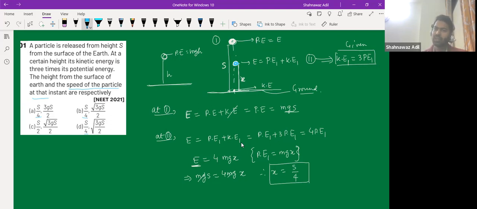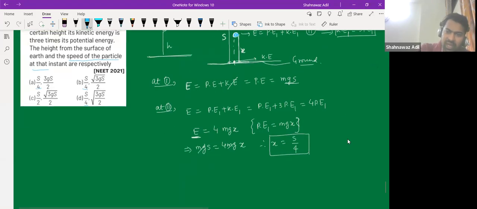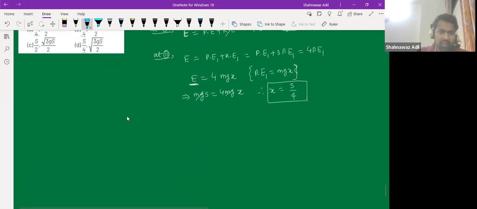So if you are given the kinetic energy, can you calculate the velocity? Yes. So we'll use that relation. The aim is to calculate the kinetic energy, right? And what is given? That kinetic energy is 3 times the potential energy.